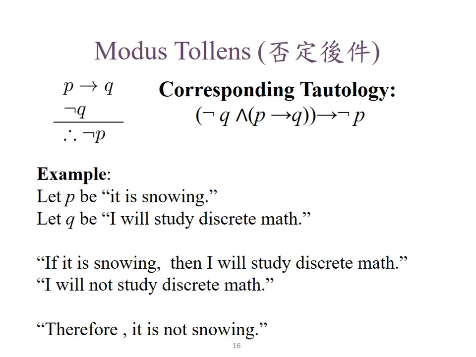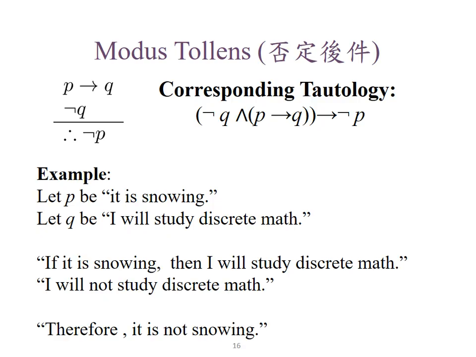Okay, the second one: if P then Q, and we know not Q is also true. We know that the equivalent form of P then Q is the contrapositive, right? If not Q, then not P. So we can apply the concept of modus ponens: if not Q then not P, and not Q is true, then not P is also true.